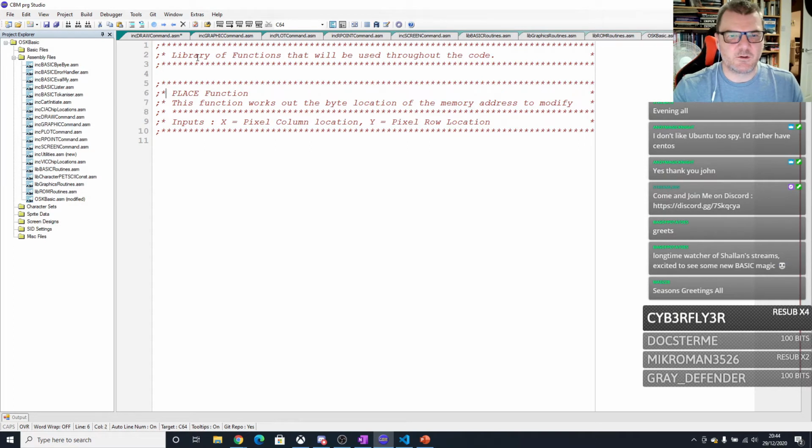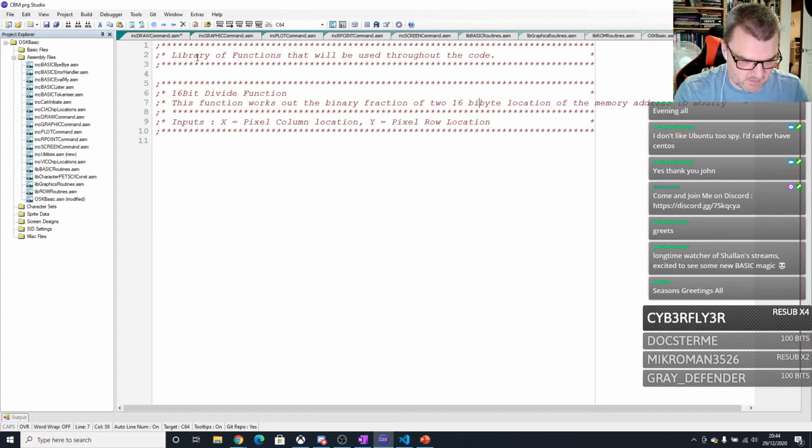So the first one is going to be divide, 16-bit divide. This function works out the binary fraction of two 16-bit numbers.